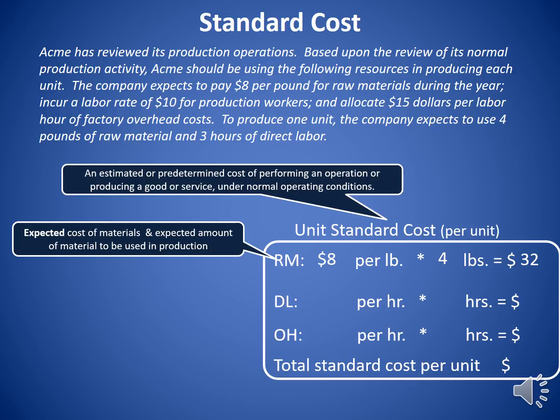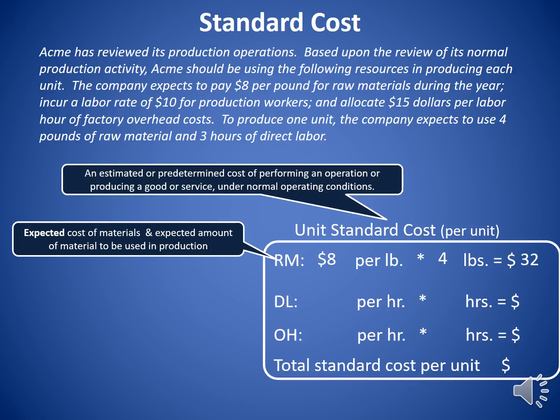We also expect to use 4 pounds of raw materials in producing one product. So in this case, we show our raw material cost per pound of $8 times 4 pounds of raw materials used means the total cost of raw materials within this particular unit is $32.